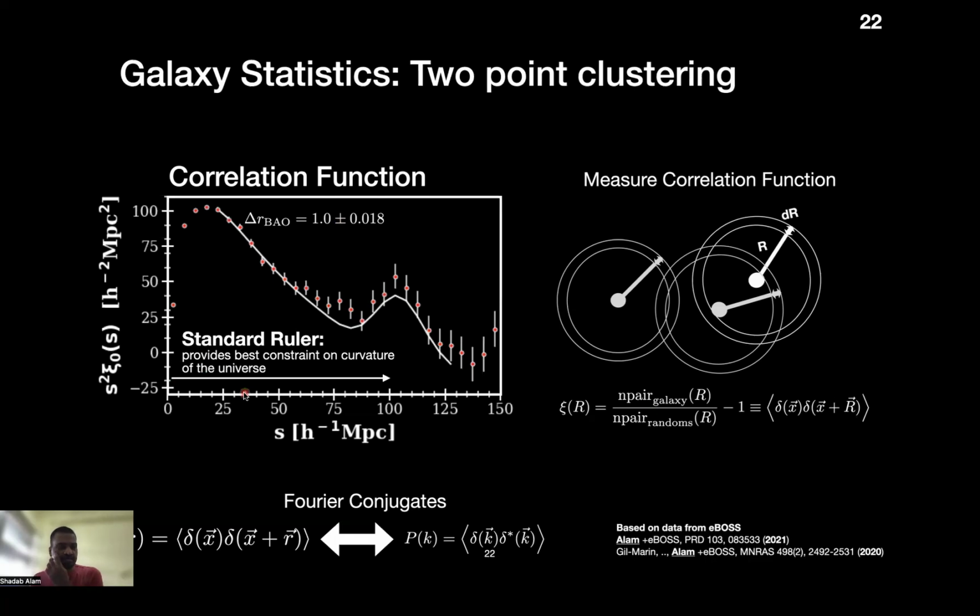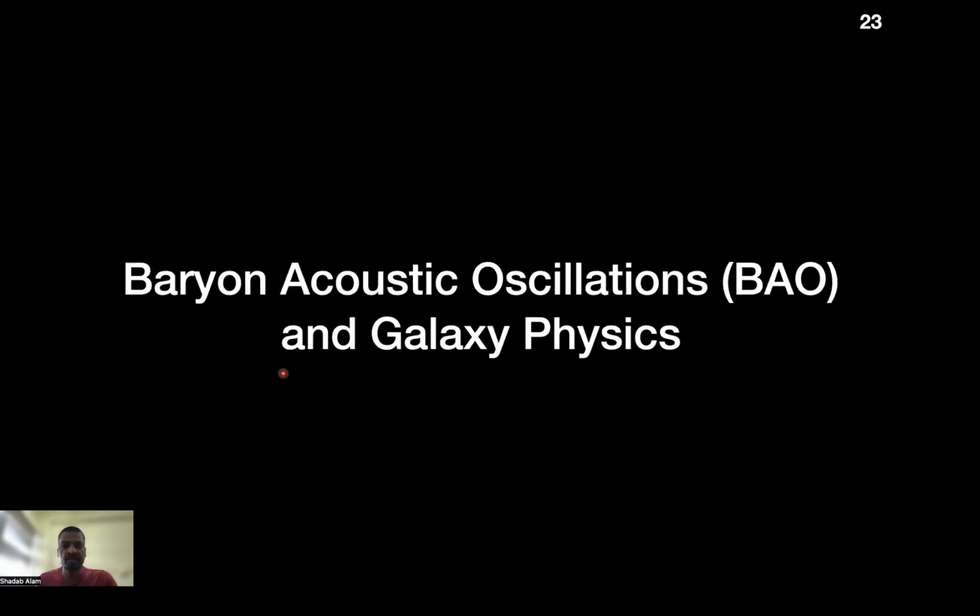You can treat this as a standard ruler and constrain a lot of cosmological information. In fact, this is one of the most successful cosmological probes after the CMB, and it is going to be one of the core things for many of the upcoming surveys.